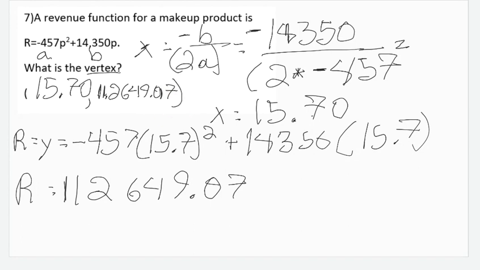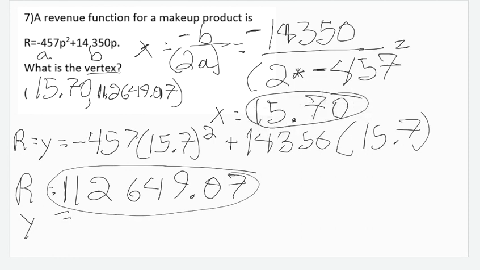Just so you understand, this is the y value, and this is the x value. So this would be our vertex.